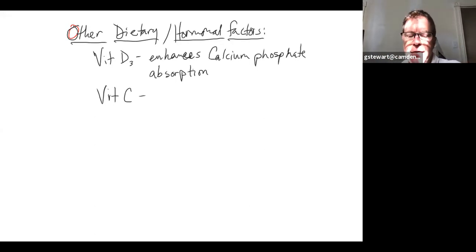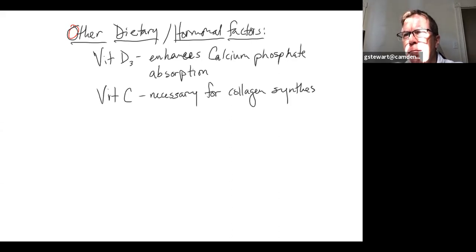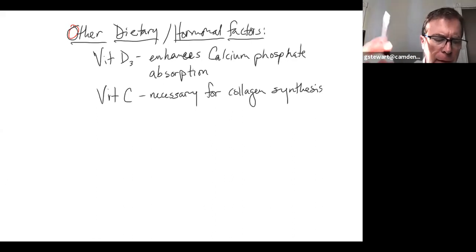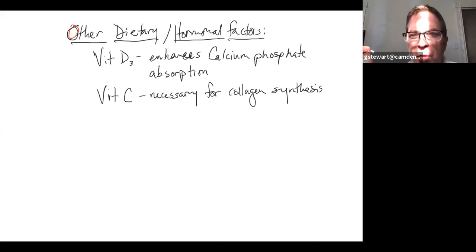it is necessary for collagen synthesis. It also assists with osteoblast differentiation to some degree, but most of it is for the collagen in that osteoid organic matrix.